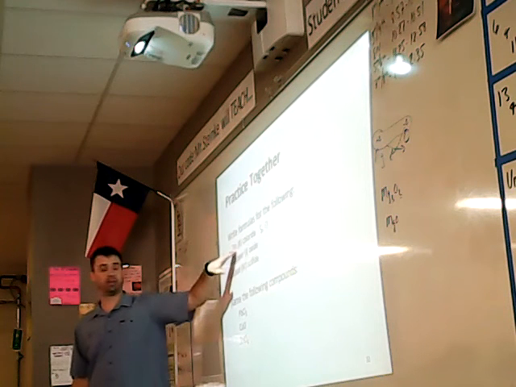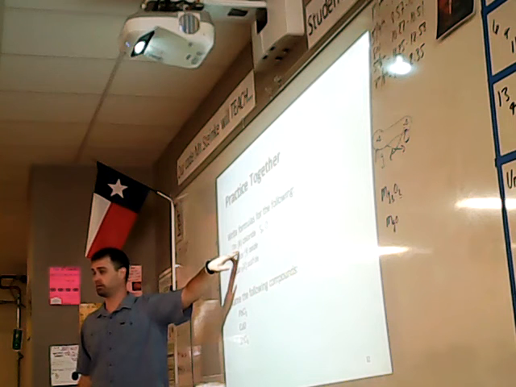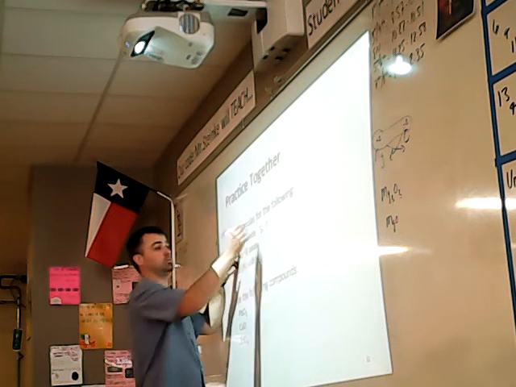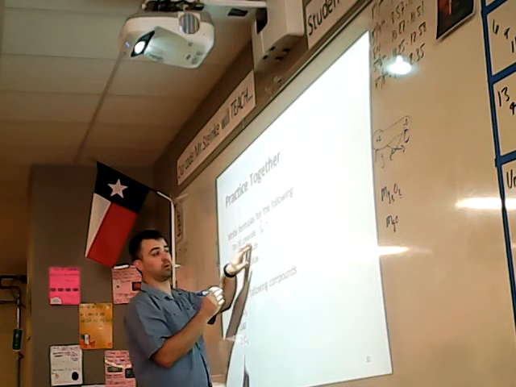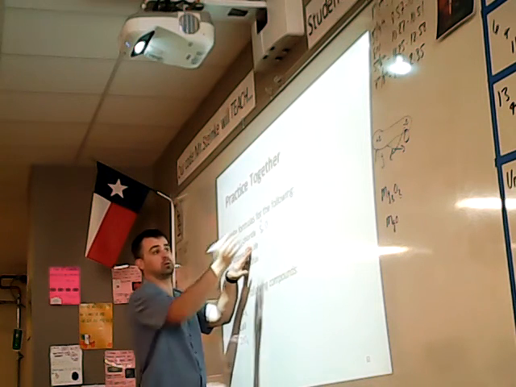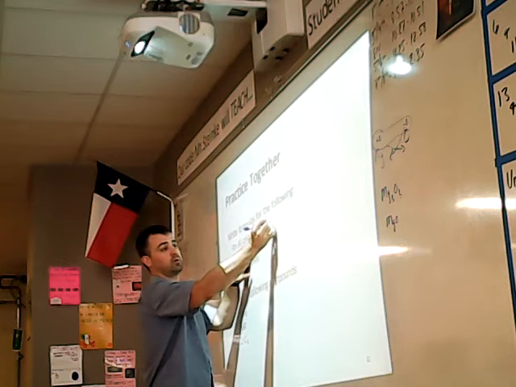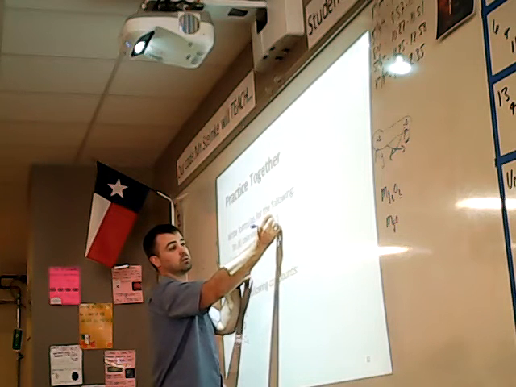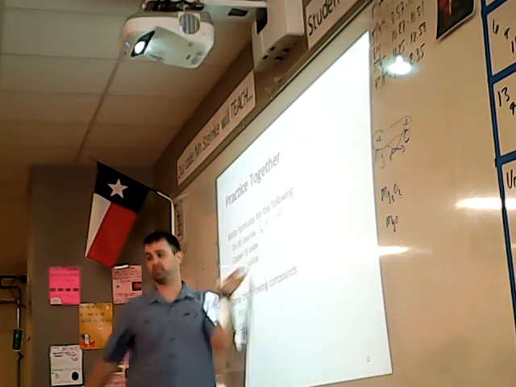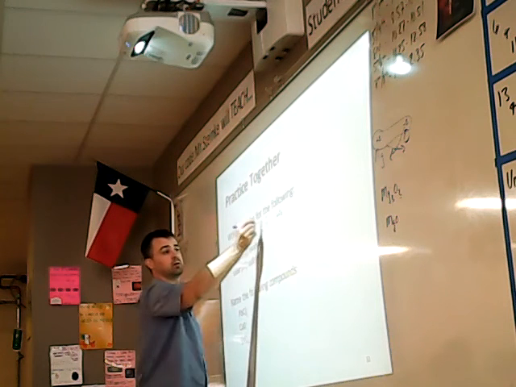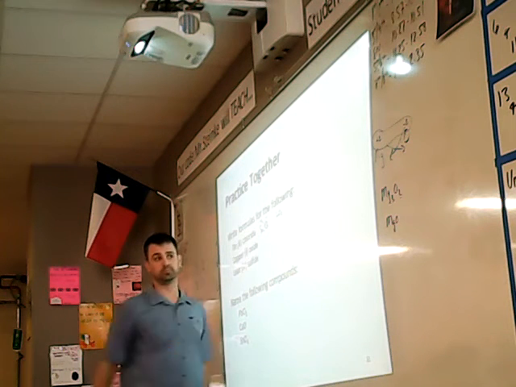Well, what is tin's oxidation number? It says it right there. +2. What is chlorine's oxidation number? -1. Cross those up, and you get SnCl2. I can draw my arrows so you know.